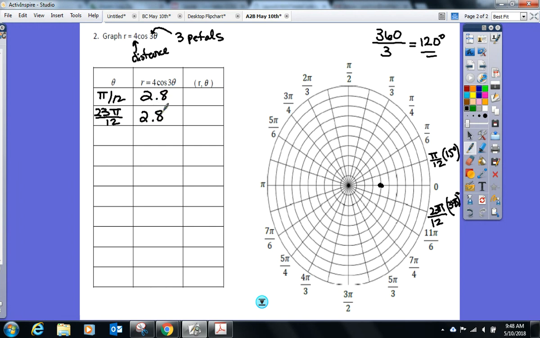Yep, 2.8. So that's our magic number, so I can get at least a couple more points and make a decent petal out of this. So 2.8, 1, 2.8, and then 1, 2.8. And there is the first petal. Again, it's on 0 if it's cosine.